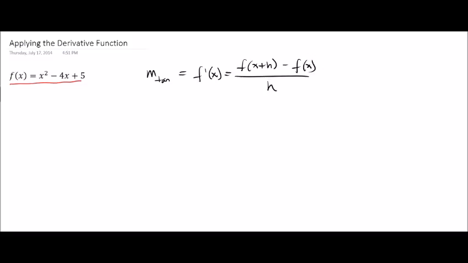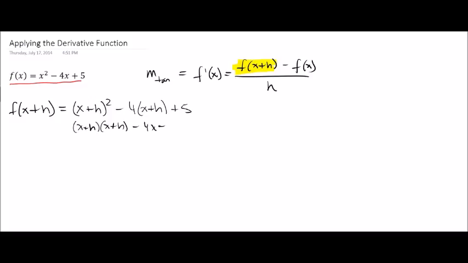Let's apply that here. The first thing I'm going to do is get the f of x plus h. So f of x plus h, from basic function theory, I replace all the x's with x plus h. So this is x plus h times x plus h minus 4x minus 4h plus 5.